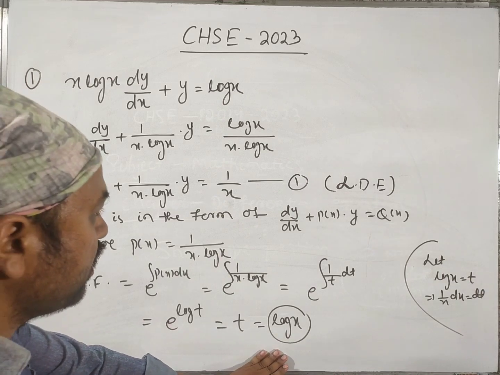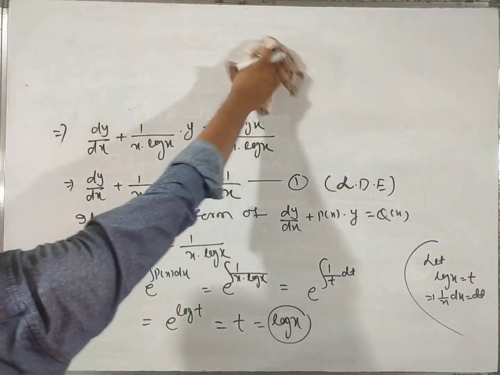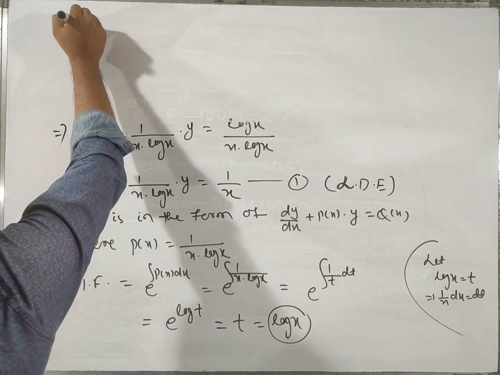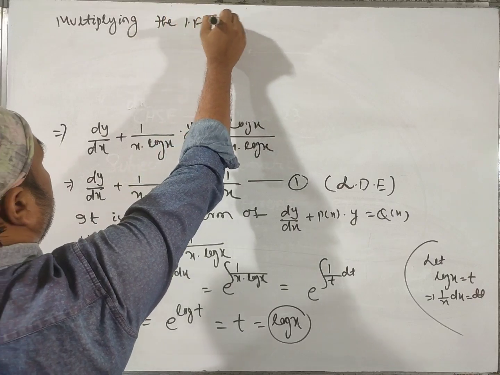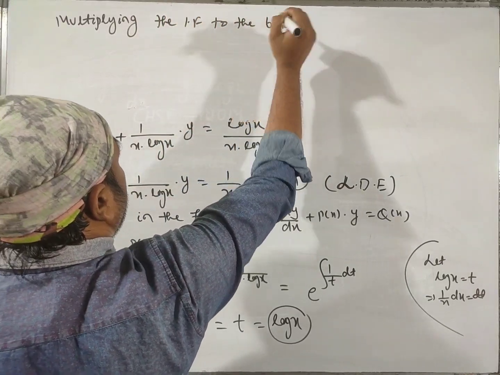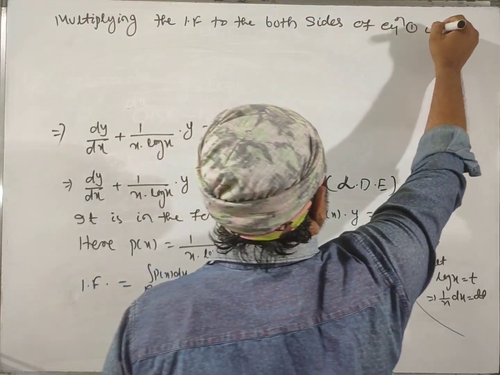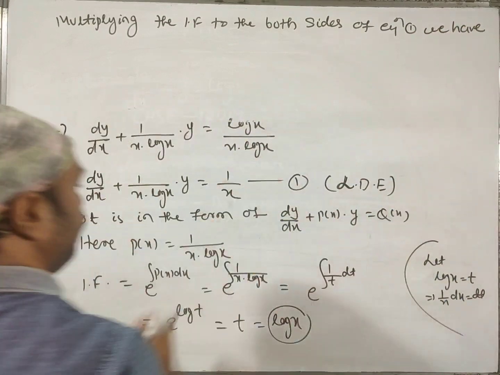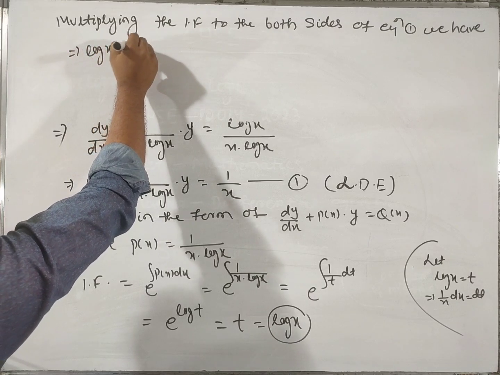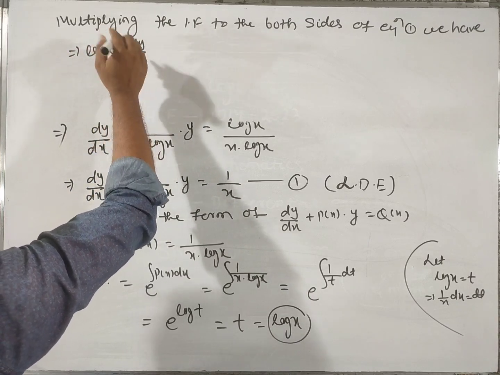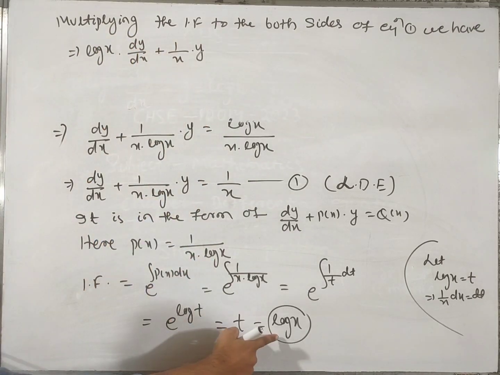Then we have to multiply this integrating factor to both sides of equation 1. Multiplying the integrating factor to both sides of equation 1, we have log x multiplied with dy upon dx plus 1 upon x into y, log x, and this log x gets cancelled.